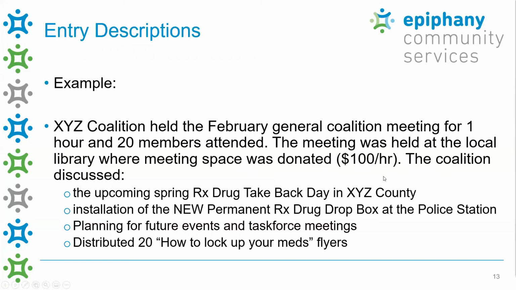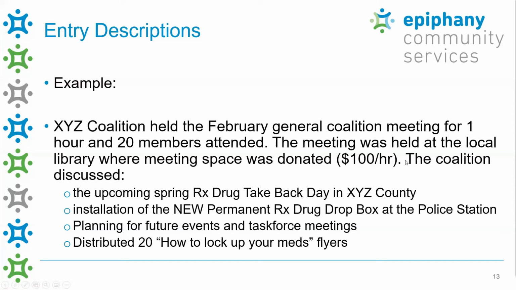I did not have travel time donated because our coalition doesn't recognize that, so I didn't record it here. But if your coalition does recognize that, I recommend adding it as a separate entity. So saying, 1 hour coalition meeting with 20 members, and then maybe in parentheses adding, 1 hour of travel time per each attendee.